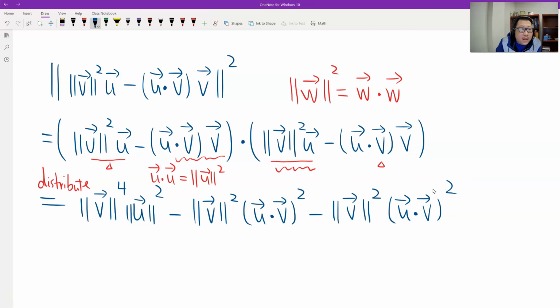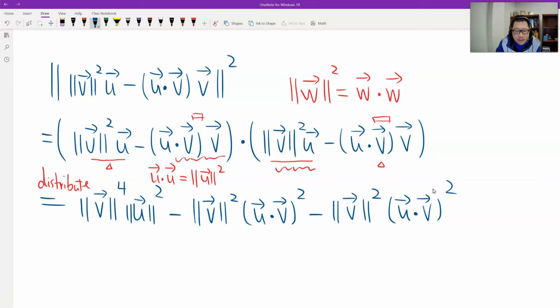And then we have the last term. We look at this term and this term. These 2 terms, u dot v squared, and then v dot v is the square of the norm of v. So therefore, one more term.